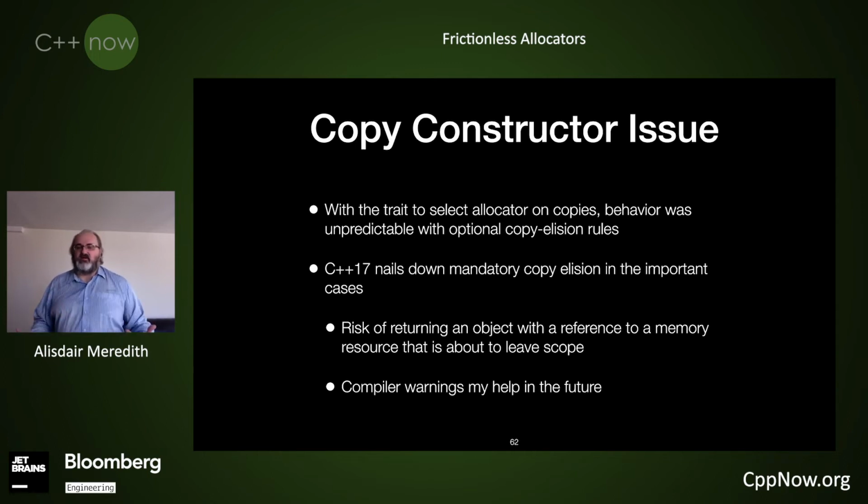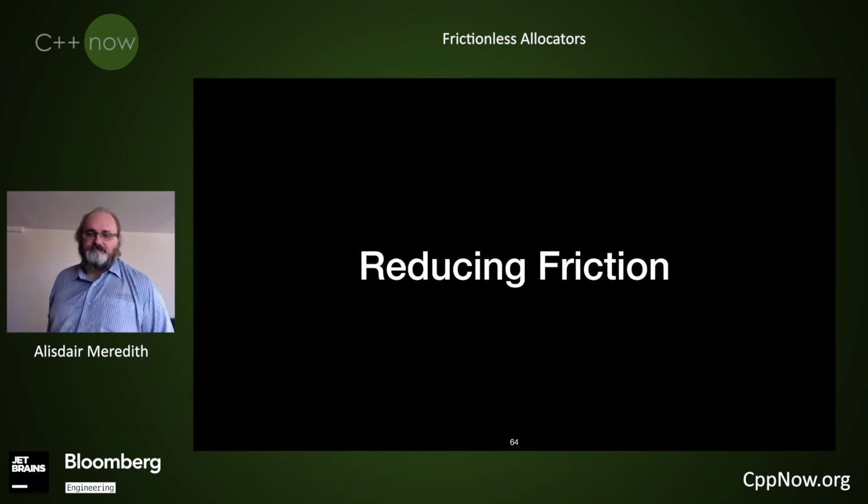Compiler warnings for this kind of idiom, especially when dealing with PMR allocators, a very specific case that can be detected, might start showing up. But yes, this is probably the biggest risk we have with the current PMR model.